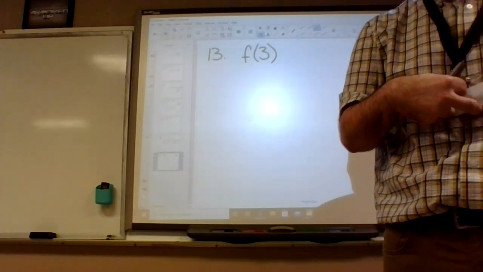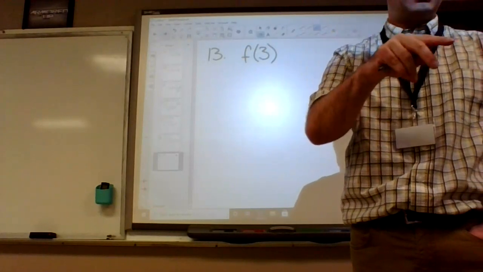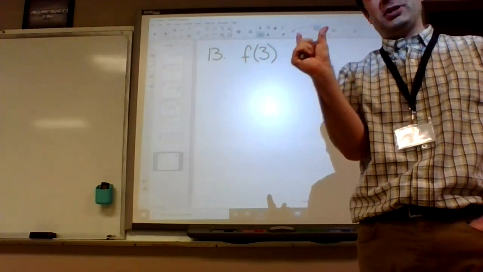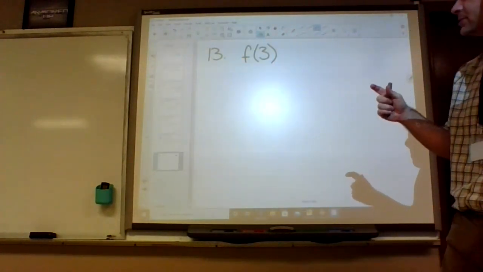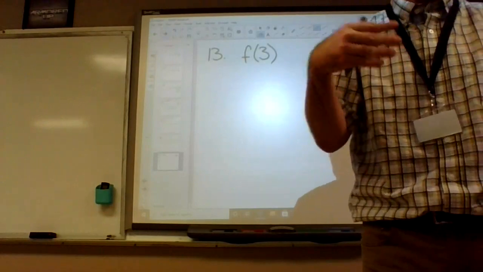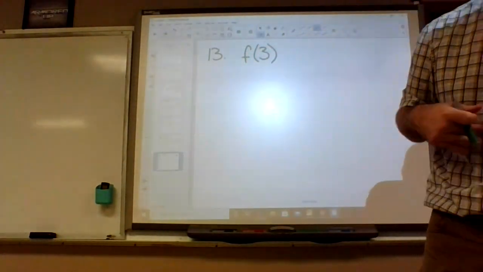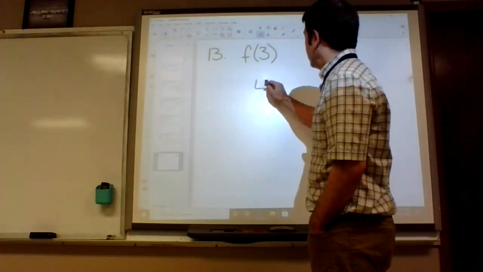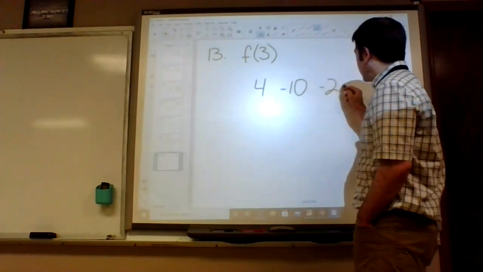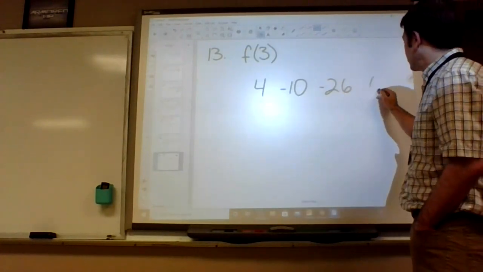Basically, we're going to do synthetic division, but we're going to put 3 in the box, and where the remainder normally goes is going to be the actual answer. Wait, would you put 3 or negative 3? Just 3. Okay. So we're not actually dividing, we're plugging it in, so it's a little bit different. So the coefficients are 4, -10, -26, and 60.